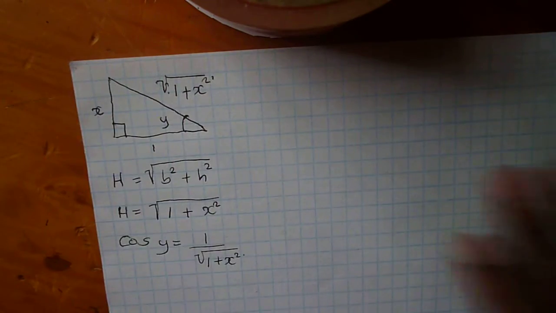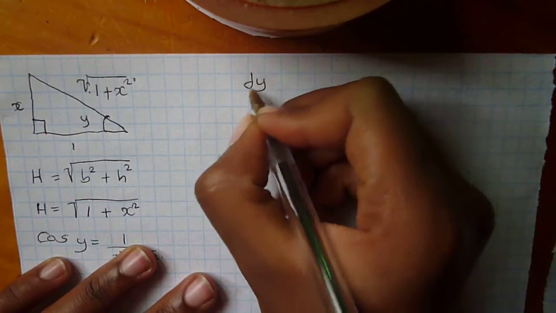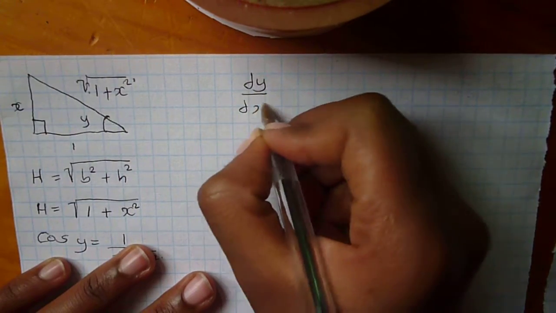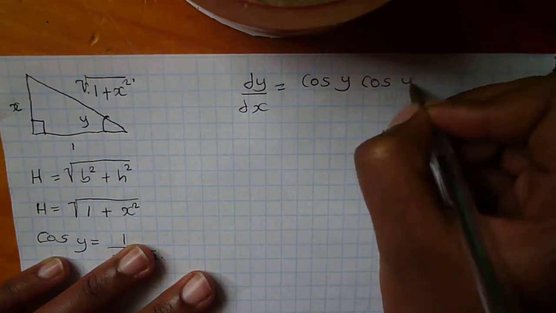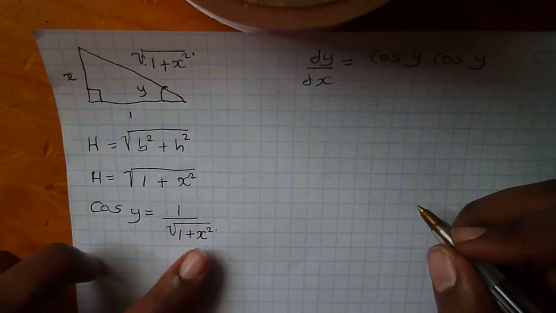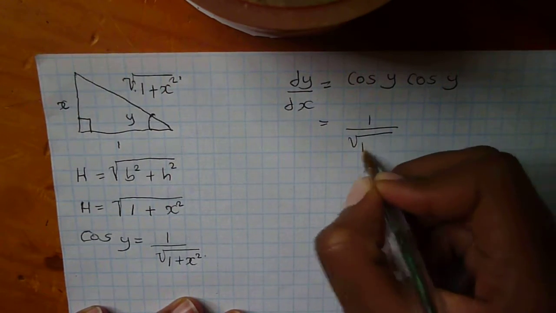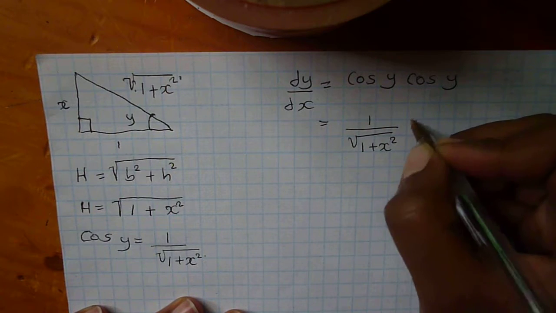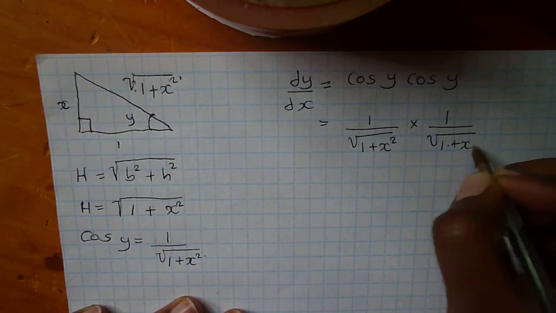So dy over dx, which was equal to cos y times cos y, and we've obtained cos y as 1 all over the square root of 1 plus x squared. It will be 1 all over the square root of 1 plus x squared multiplied by 1 all over the square root of 1 plus x squared.